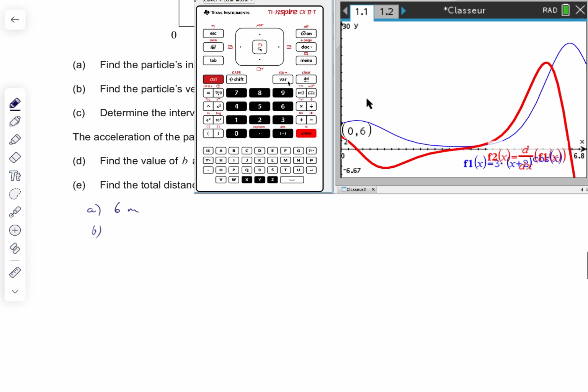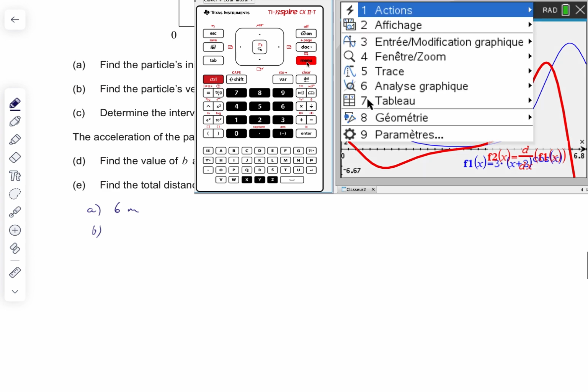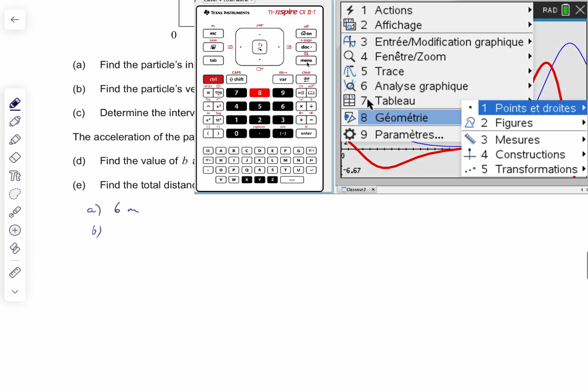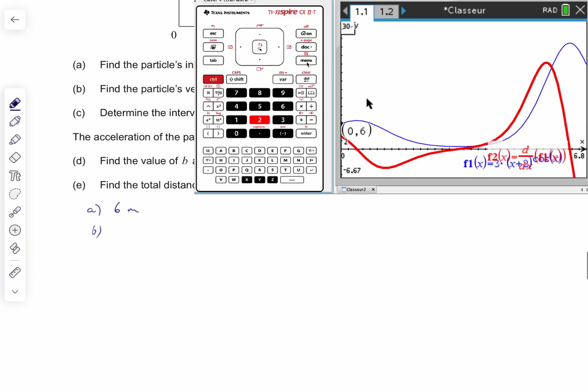There's my velocity graph. And when t equals 2, I'll just do a point on that. Menu, geometry, points and lines, point on. Escape from adding a point on and change that to 2. And I get the value there. So that's the velocity when t equals 2.